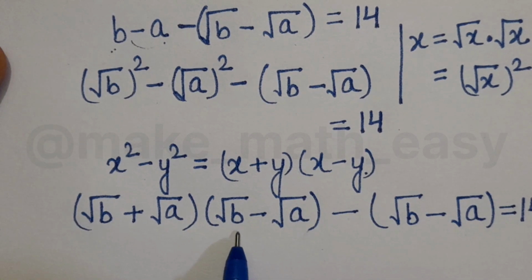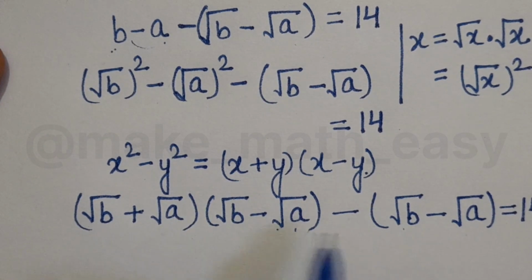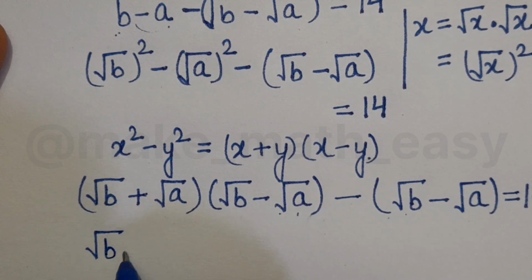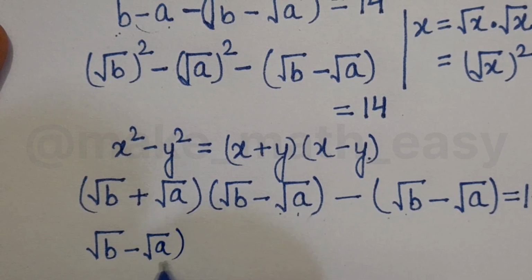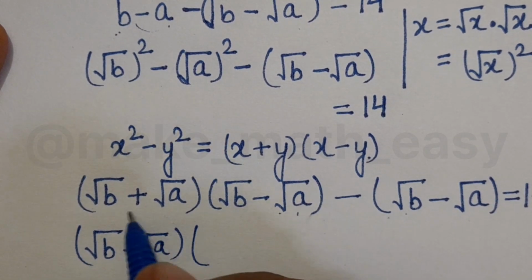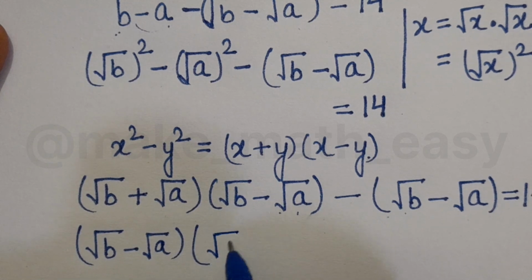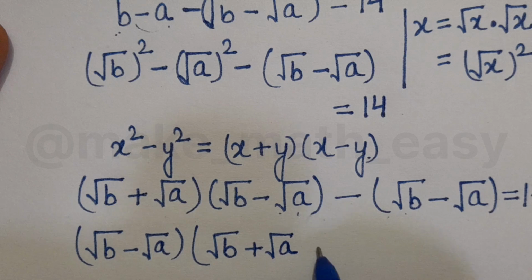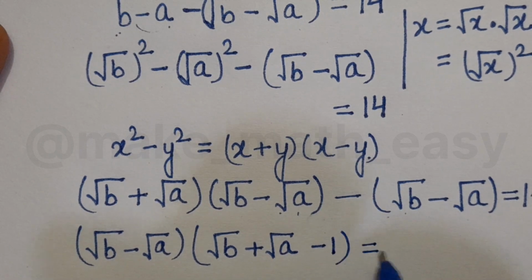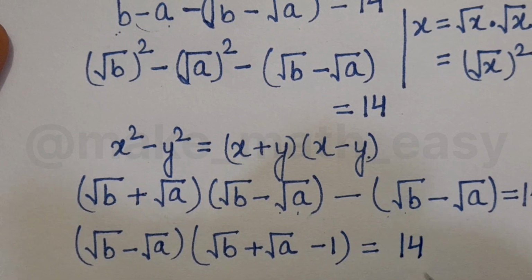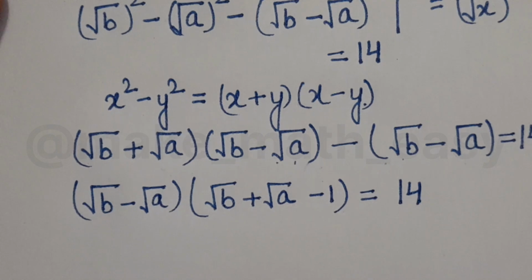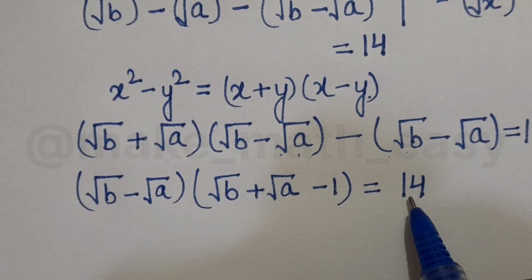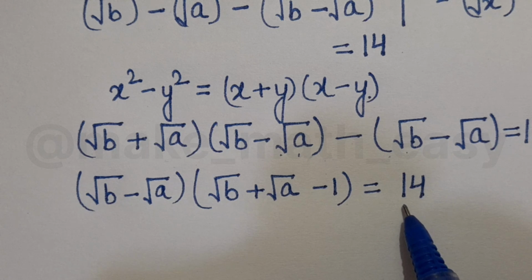Now taking root b minus root a common from both these two terms, we are left with root b plus root a minus 1 equals to 14. Now our next step is to take factors of 14, and we have 4 cases of it.